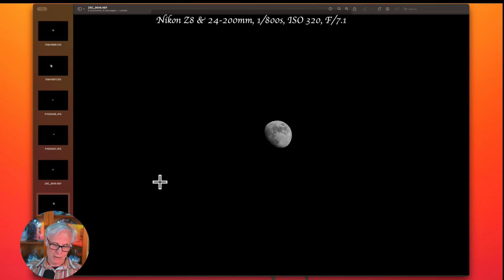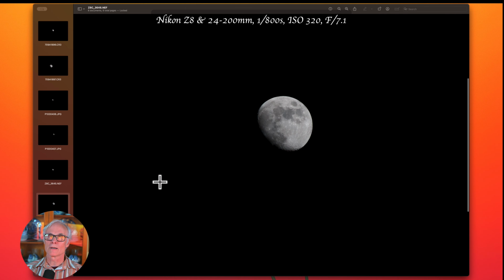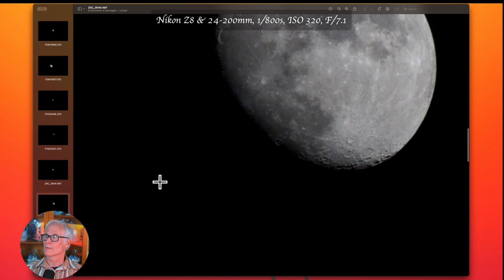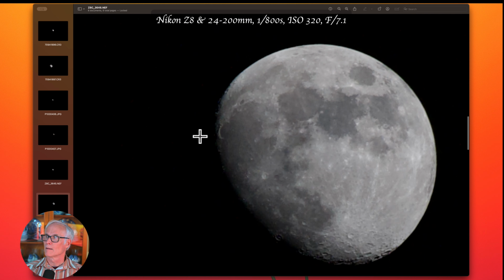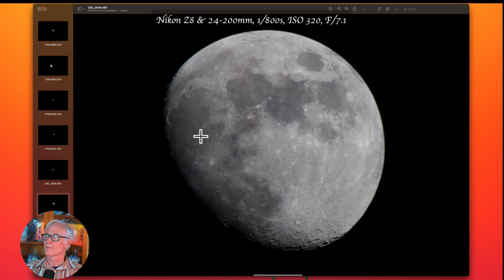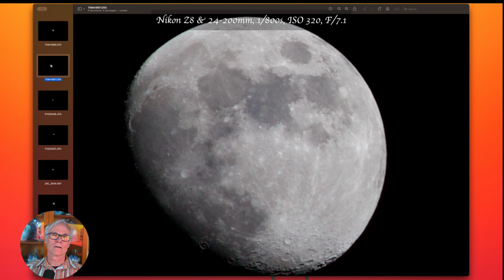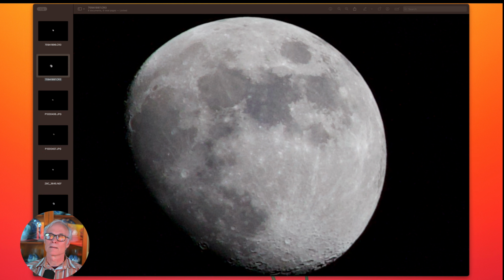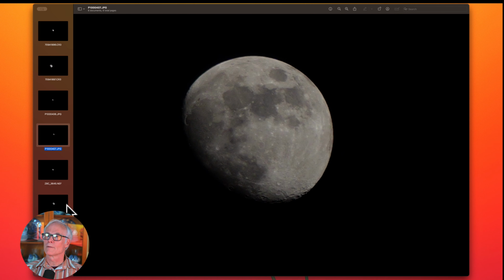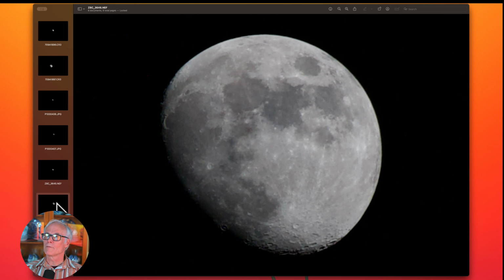Now let's go to crop. 1, 2, 3, 4, 5, 6, 7. Much bigger, right? So this is 1.5 crop. This right here is 1.6, and I'm going to get rid of this. So this is a 1.6, 1.5, 1.5.